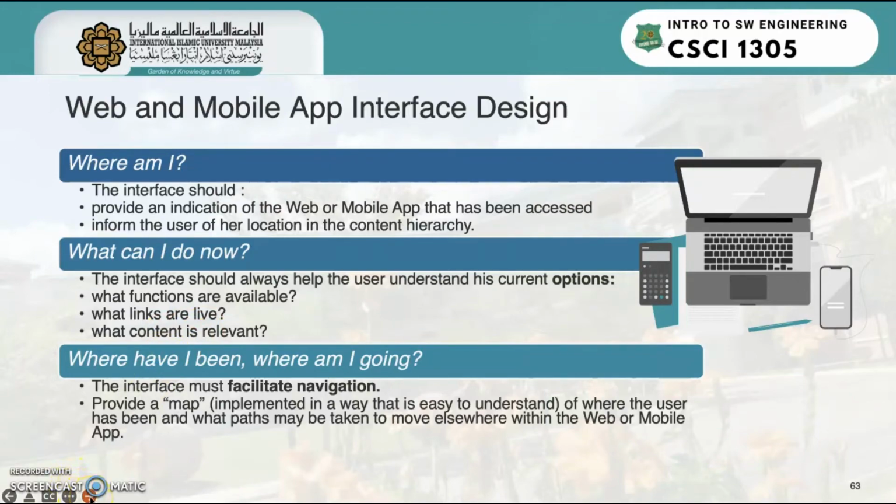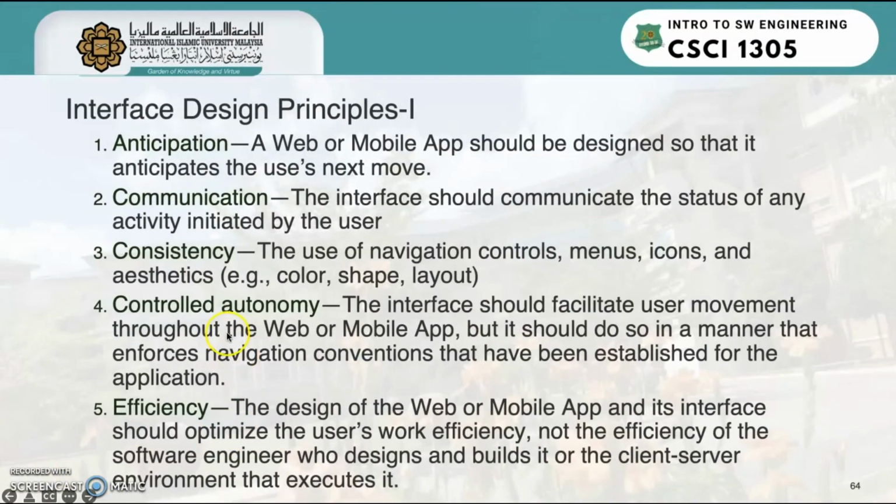So those are some of the things that you should consider. So in terms of the interface design principles, there are more than 10 interface design principles where you will do an exercise on this as well for this topic. Okay, so basically I'll just choose a few of them.